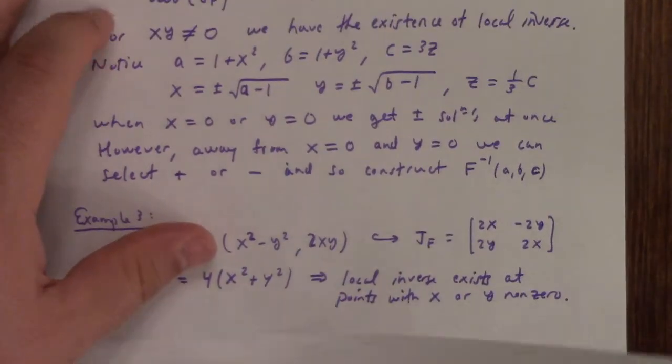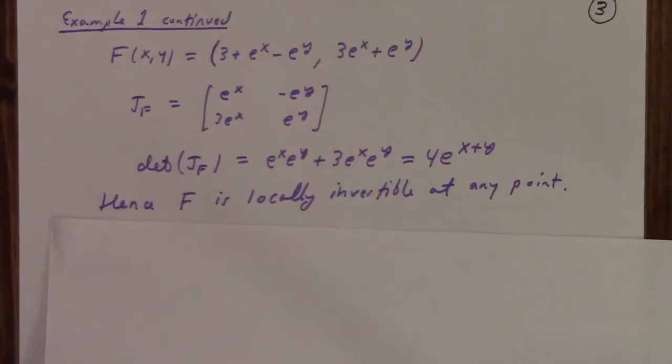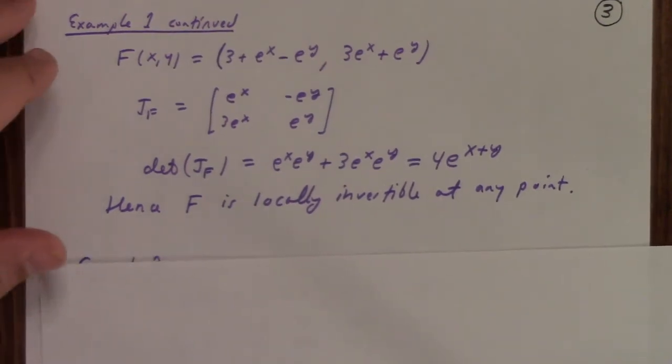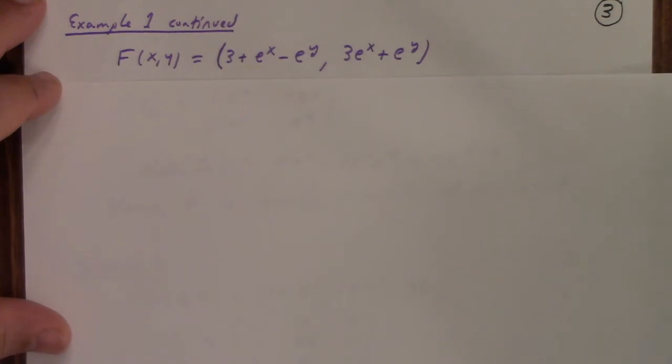So, in summary, what that theorem says in a nutshell is if the Jacobian matrix is invertible, then the local inverse exists. All right. Again, given that the function is continuously differentiable near the point.